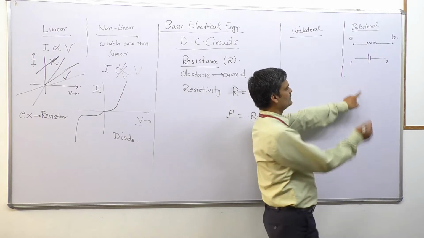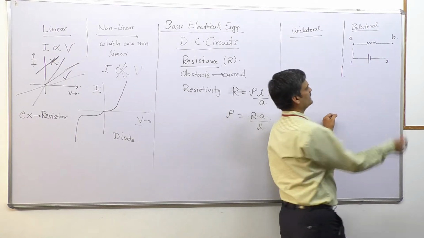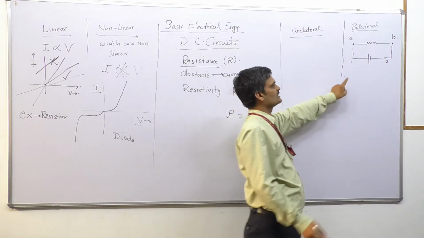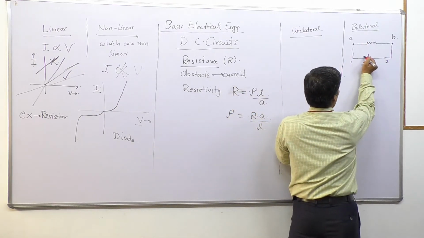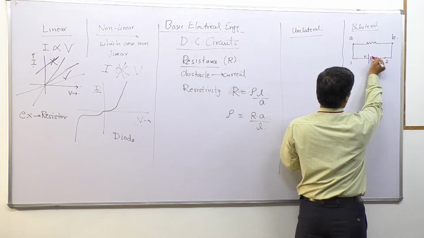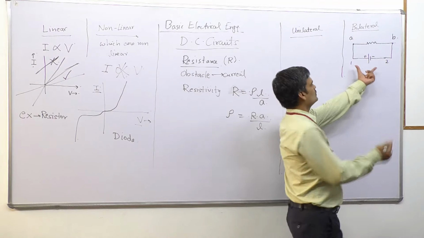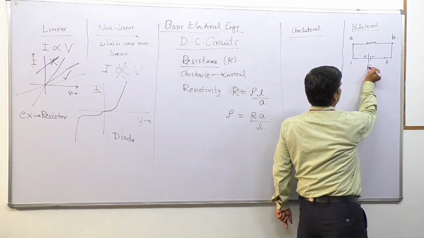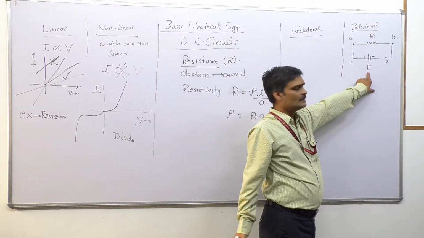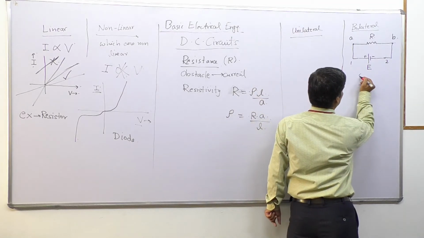If we connect terminal A of resistance with terminal 1 of DC battery and terminal B of resistance with terminal 2 of DC battery, then we can say that terminal A of the load is connected to the positive terminal of the battery, whereas terminal B of the load is connected to the negative terminal of the battery. So this source E and this resistance R, capital R. This source E is basically the cause.